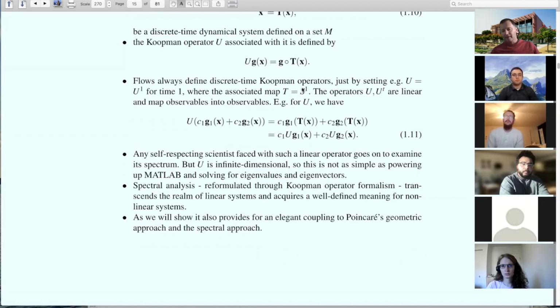So they are in principle the same object, in the same way that a coffee cup is a donut, if you know what I mean. It's a topological object that has one hole. So these objects are morphed into each other correctly. In general it doesn't matter as long as your system is autonomous, so the right-hand side doesn't depend on time.